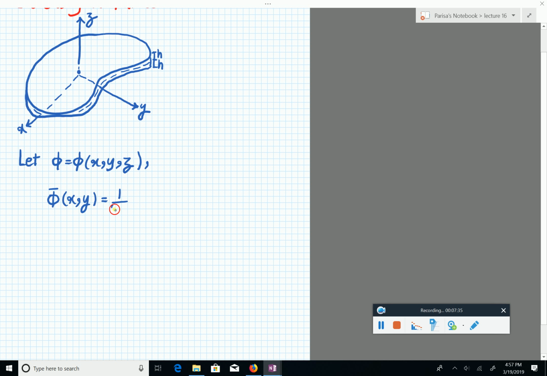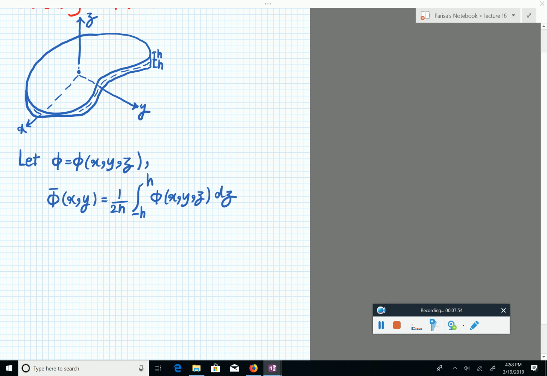From calculus, to take the average, you take the integral of the field and divide it by the thickness, 2h in this case.